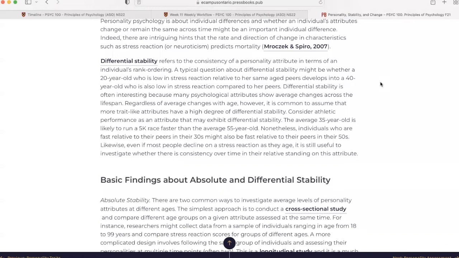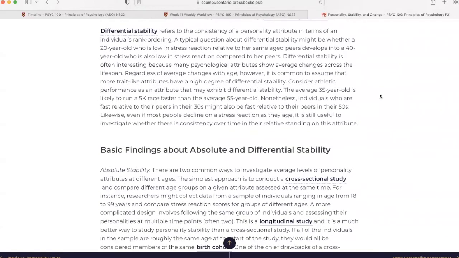Regardless of average changes with age, however, it is common to assume that more trait-like attributes have a high degree of differential stability. Consider athletic performance as an attribute that may exhibit differential stability. The average 35-year-old is likely to run a 5K race faster than the average 55-year-old.